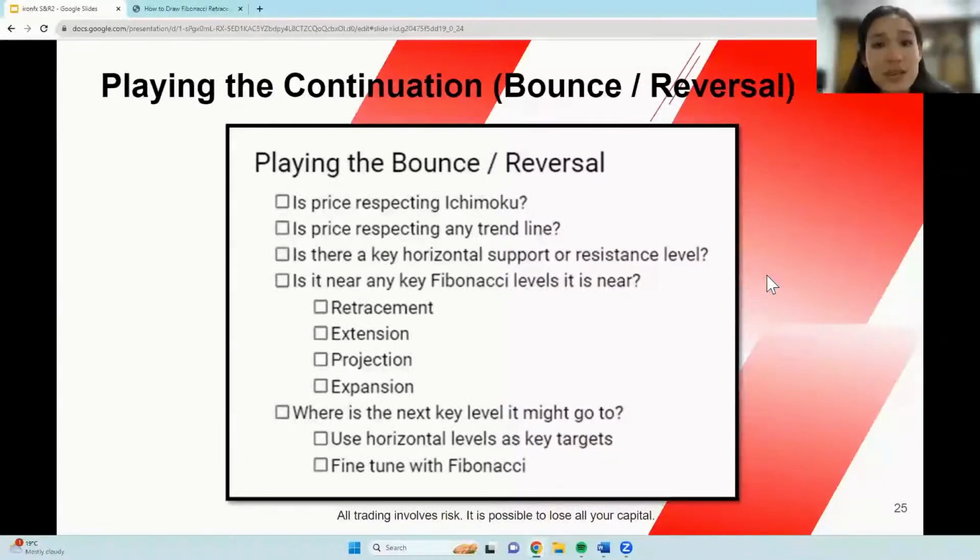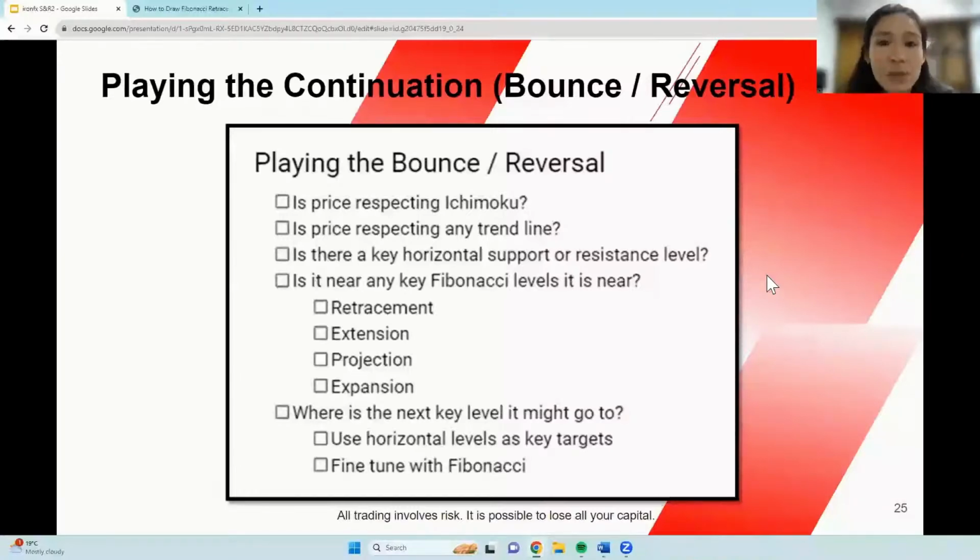So you fine-tune these levels by looking for confluence areas. Confluence areas tend to be a mixture of Fibonacci levels as well as horizontal levels, like your overlaps, pullback levels, as well as pivot point levels if you do use that indicator.